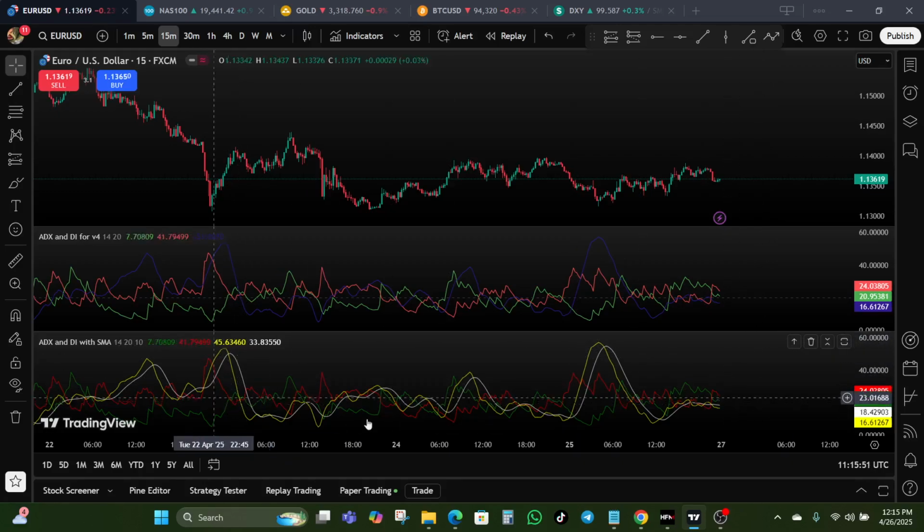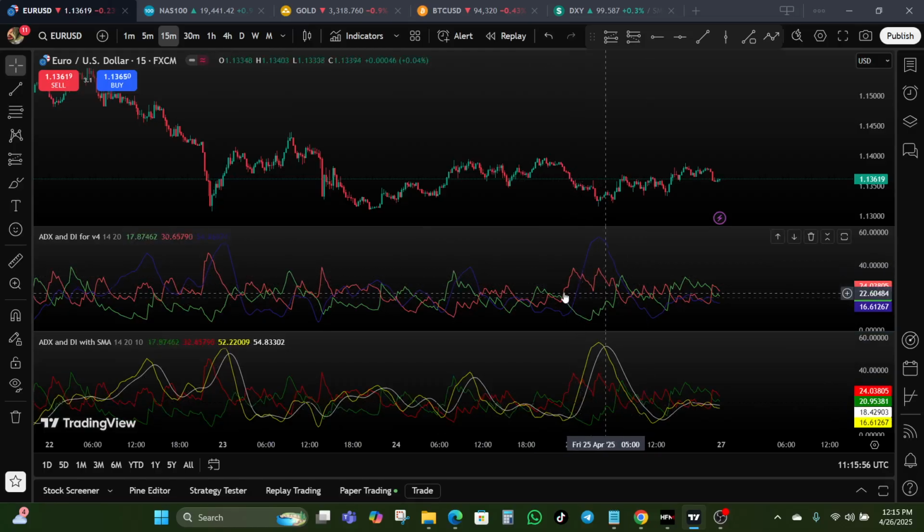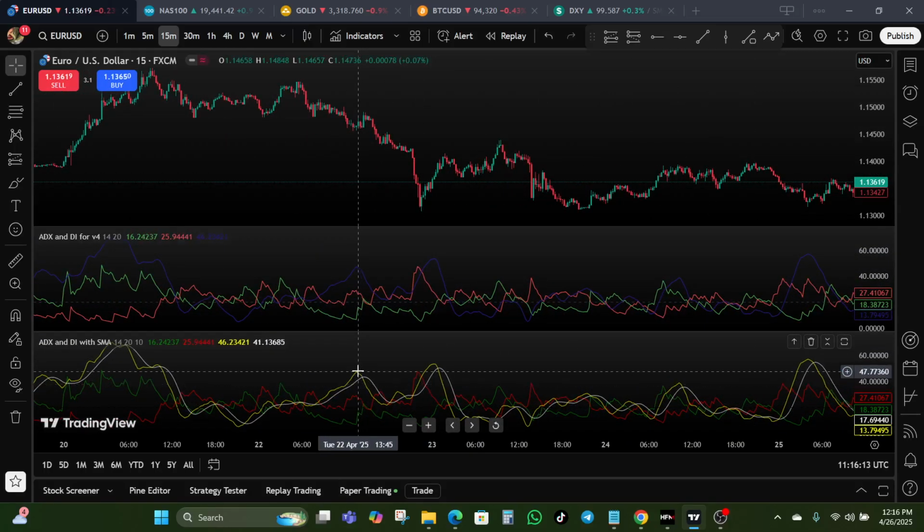Okay, so you can see that the functionality is quite similar to that of the standard ADX and DI, but with the addition of the SMA, you can be watching out for a crossover between the ADX line and the SMA. So when you notice a crossover between the ADX line and the SMA, remember that when the ADX rises, the strength of the trend is rising.